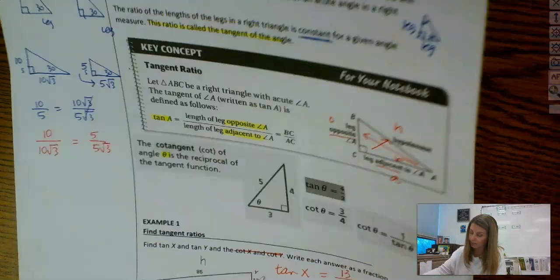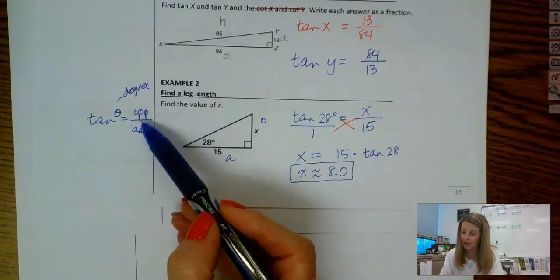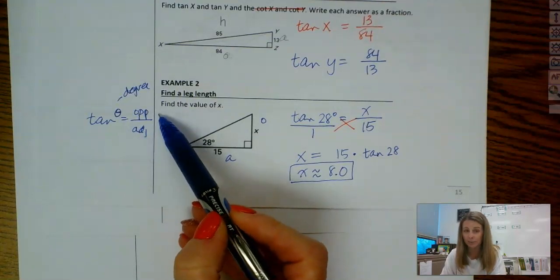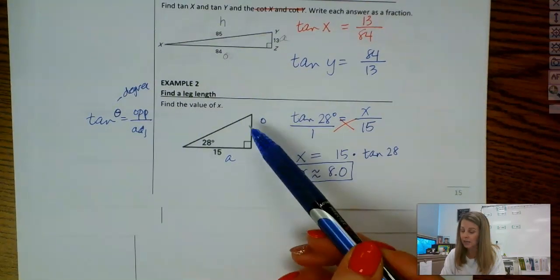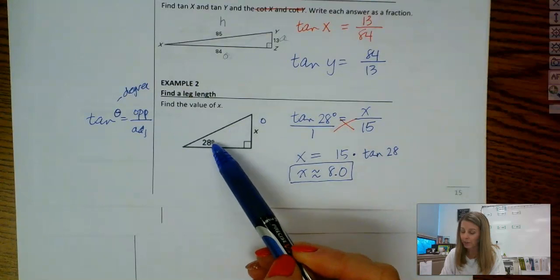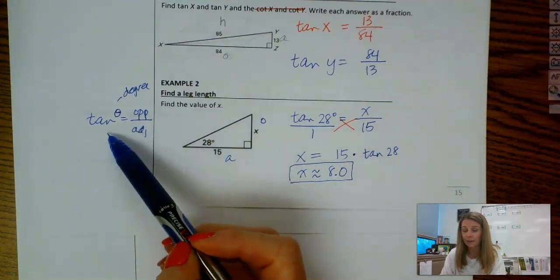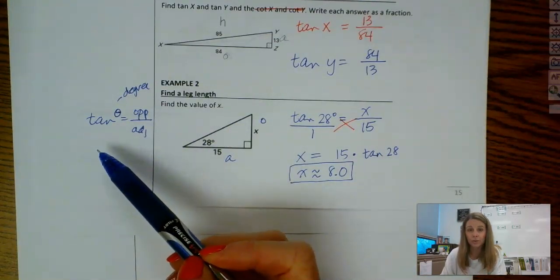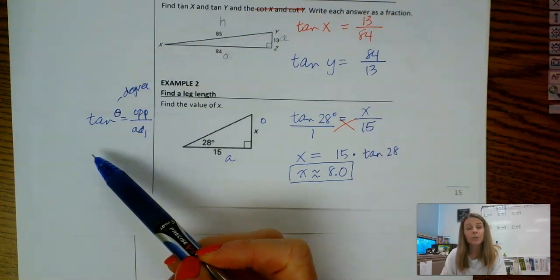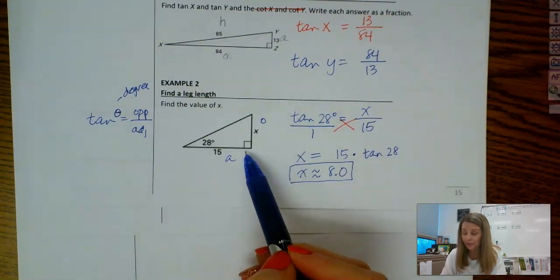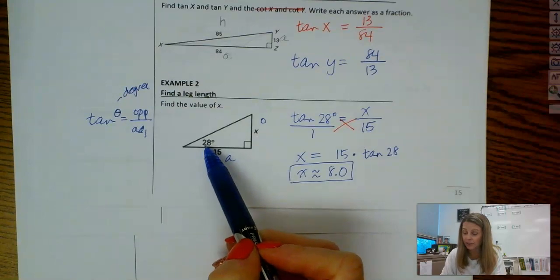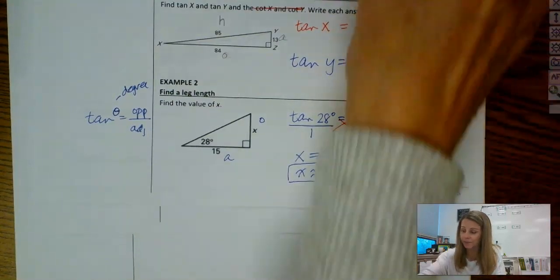I talked about writing it often as opposite over adjacent, or sometimes O over A. And so you're going across your angle here. Now these sine, cosine, tangent ratios are always applying to one of the acute angles, never the right angle, always either acute angle here, okay?